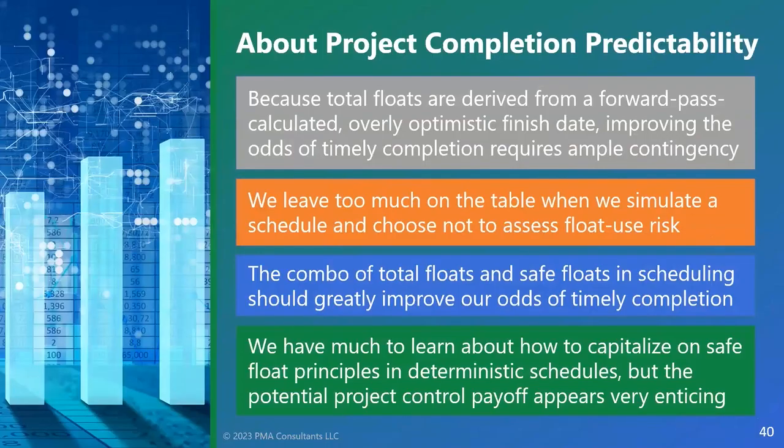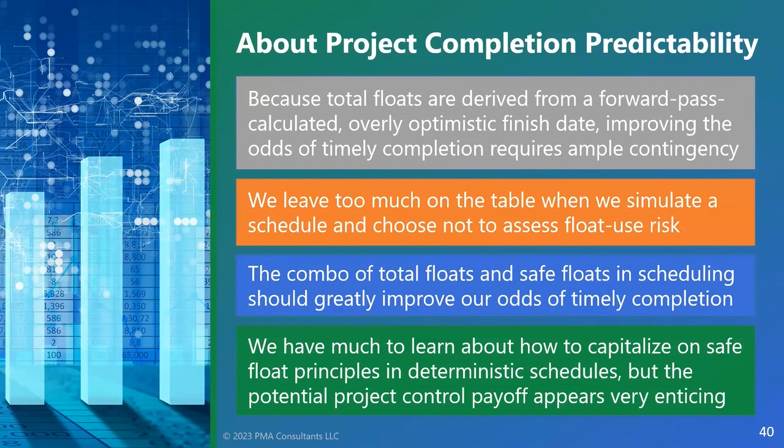All right, so now to totally wrap this up, because total floats are based on an unreliable, overly optimistic finish date, you better have some real contingency on your schedule. If your forward pass gives you 20 months, you better have another 2 or 3 months to your required completion date.